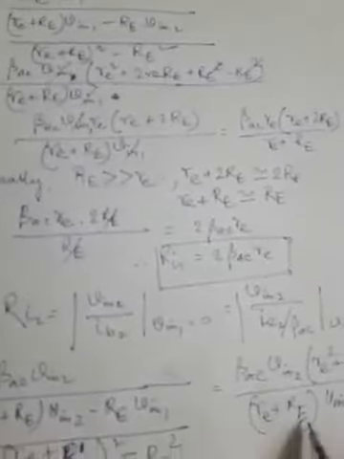Okay, so now apply the same approximations. This RE plus RE is equivalent to RE. So first of all, in the numerator we have taken small re as common and now we should be comparing the small re with capital RE.